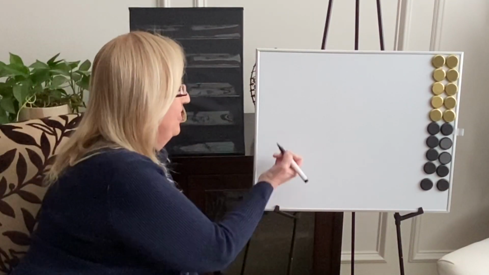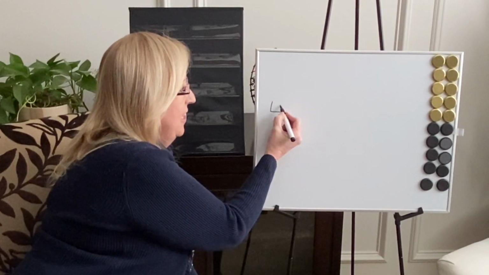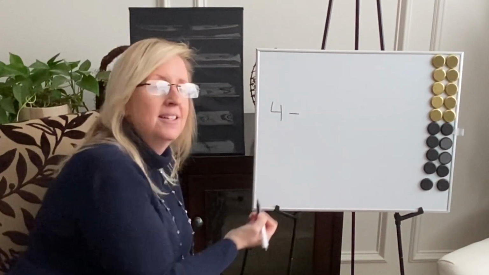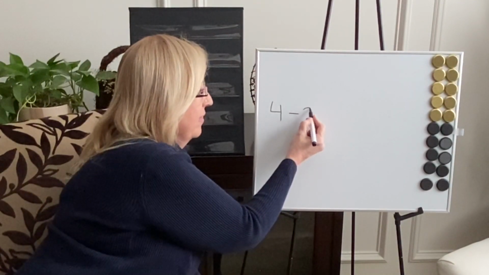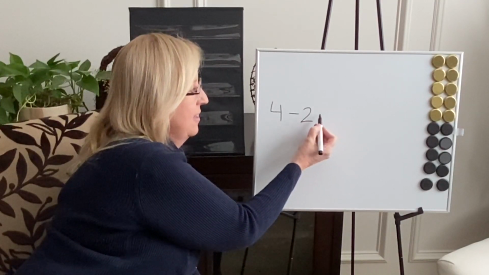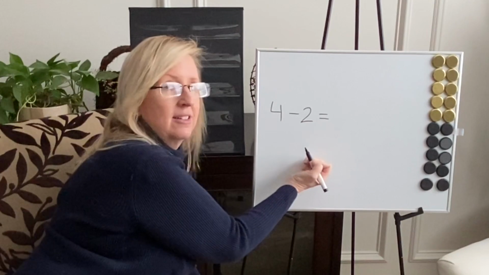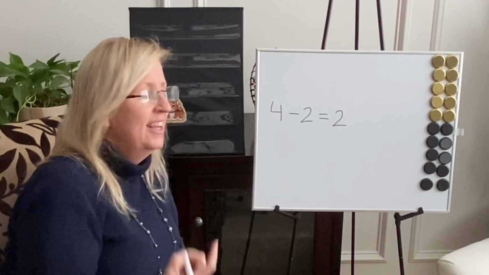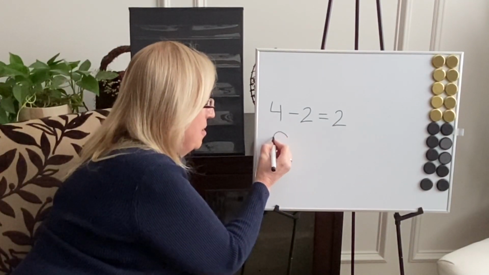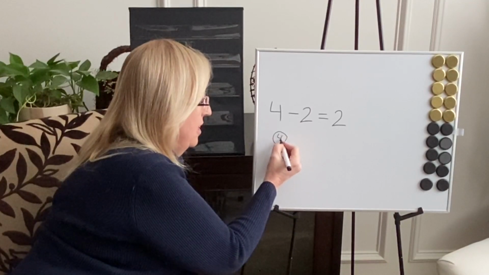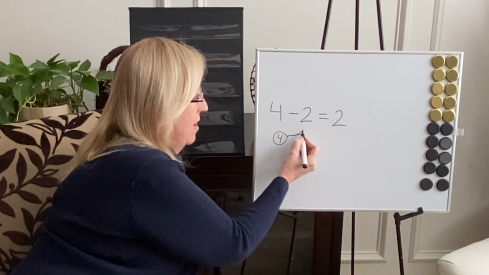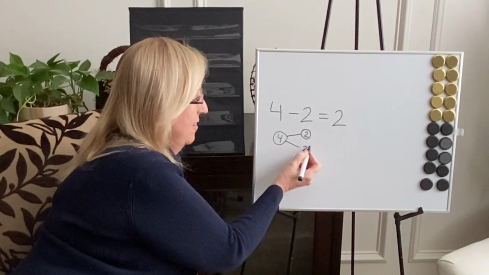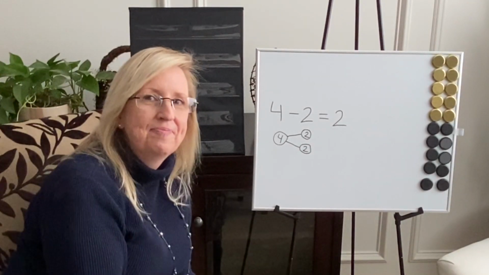So easy for you. 4 kitties began our story, minus 2 who found it, equals 2 who did not find yarn. If you remembered that number bond, you remembered that when our whole number is 4, our parts are 2 and 2. Very nice.